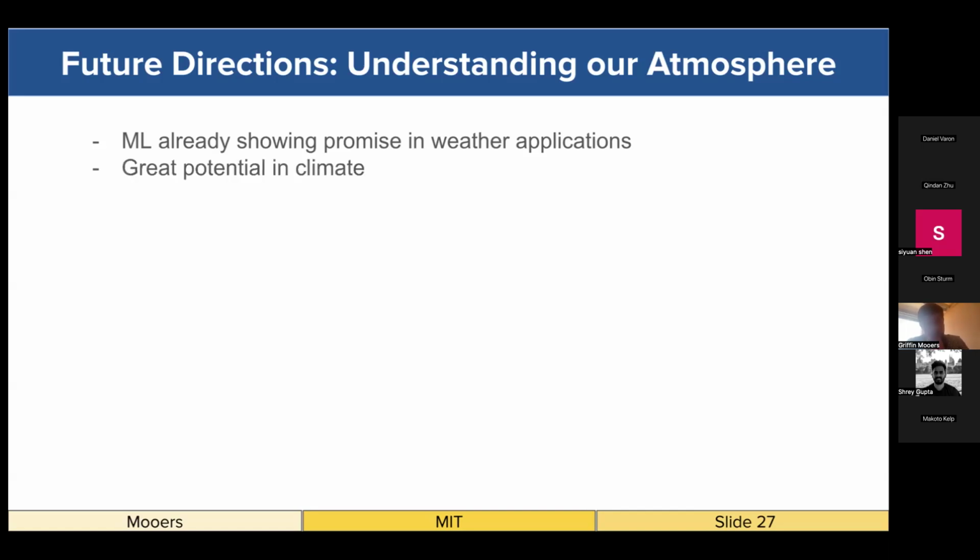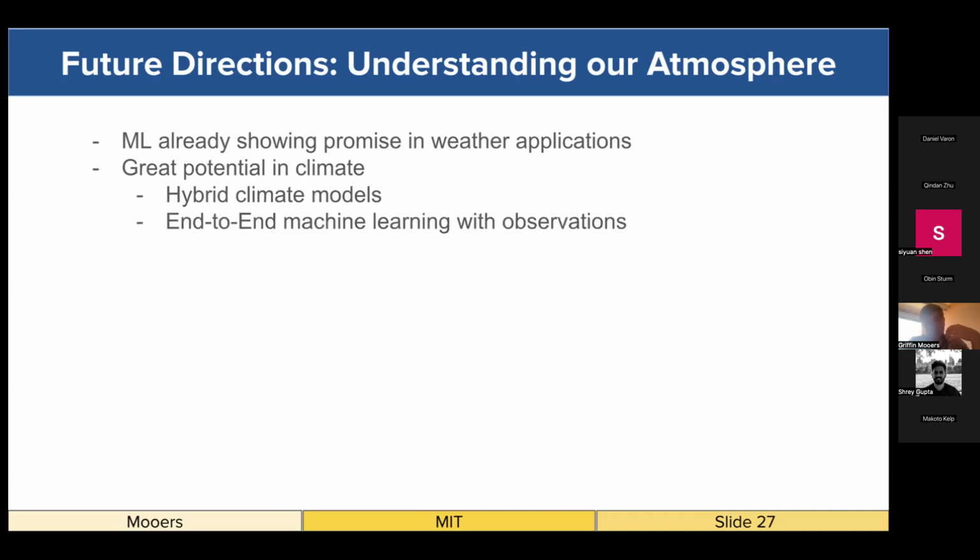And I do think all these successes in the weather field can translate over to the climate field with either these hybrid climate models where I'm working, or the end-to-end machine learning, more like what a group like DeepMind at Google is doing.